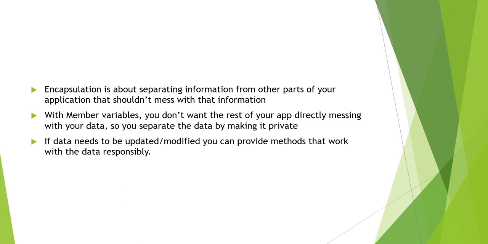We made speed as a private variable, so the rest of your application will not access it directly, or may not put the wrong value or incorrect value to speed. If data needs to be updated or modified, you can provide methods that work with the data responsibly, like how we did for set speed method.